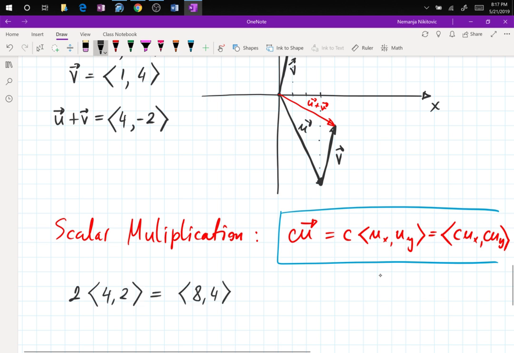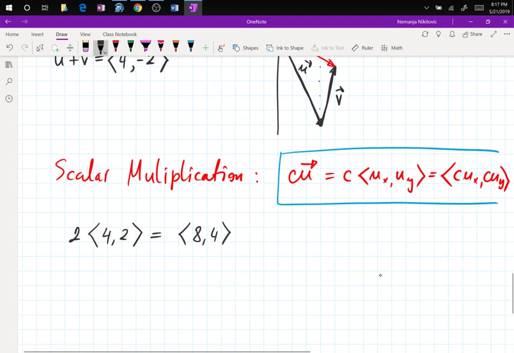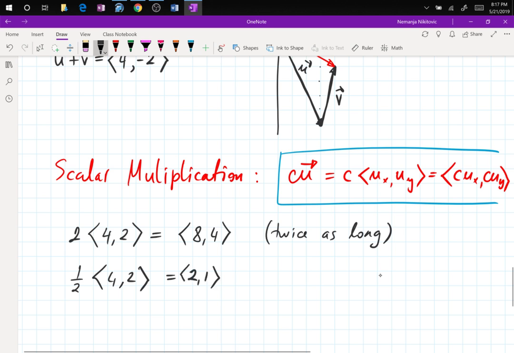You just distribute and multiply each one, and you are done. All I did is I made this vector twice as long. That's all I did. I can cut it in half. Half of 4, 2 is 2, 1. Half of the vector.